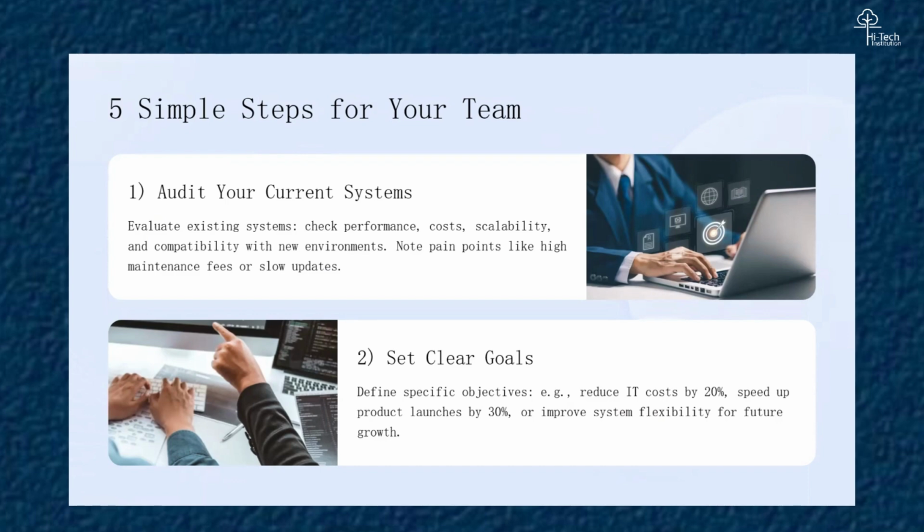These and all they will get first. After that, they will clearly set a goal, like to reduce the IT cost by 20 or 30 percent, and improve the flexibility for future growth. They will be setting clear goals actually.